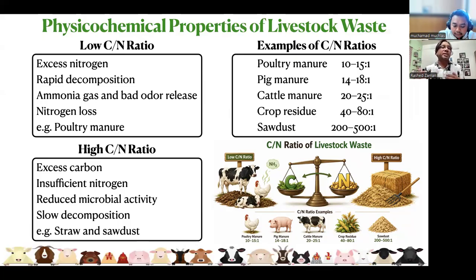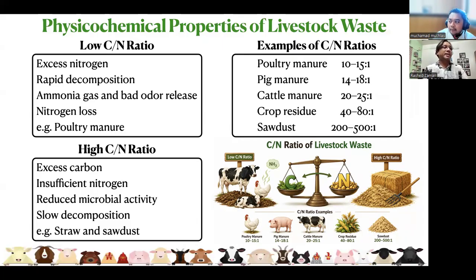That is why rapid decomposition can go through very well in case of low carbon to nitrogen ratio. Ammonia gas and bad odor gases are released due to the higher nitrogen, and nitrogen losses also occur. Poultry manure is an example of low carbon to nitrogen ratio.